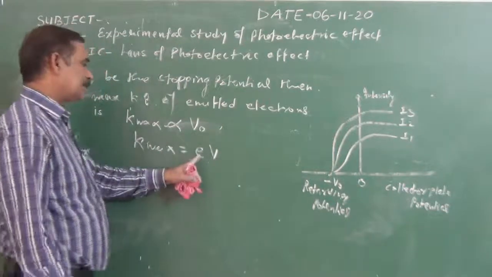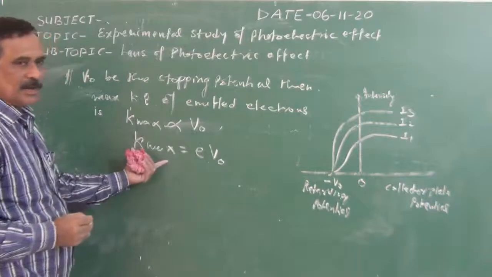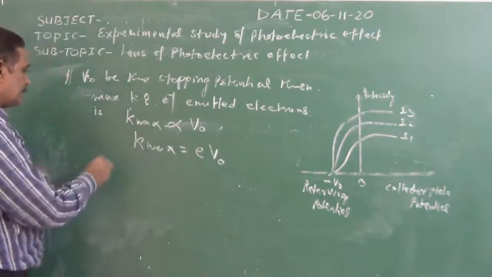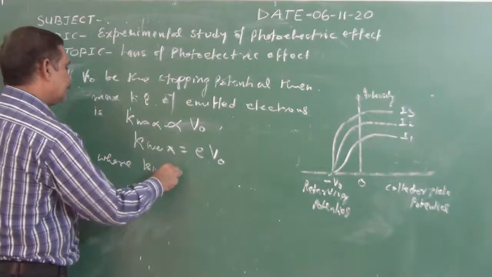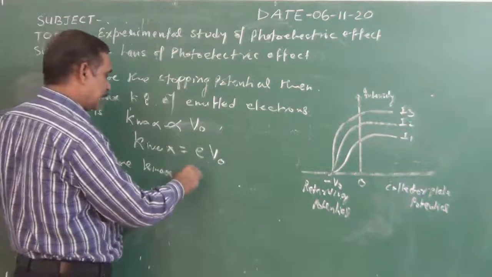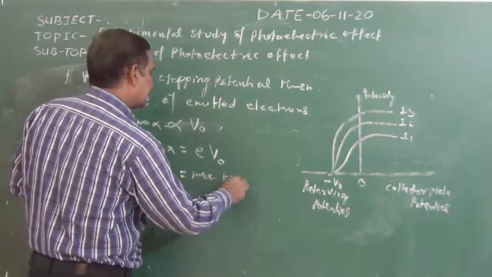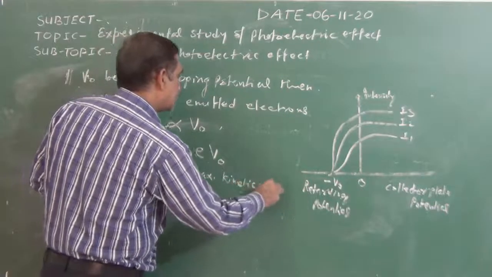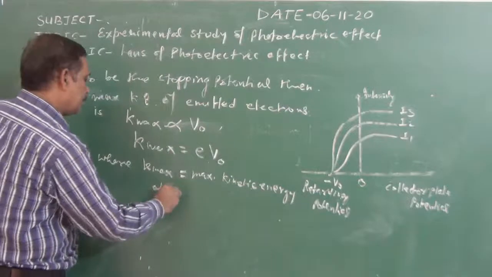Here e is the charge of an electron, V naught is the stopping potential, and K maximum is the maximum kinetic energy of emitted electrons.